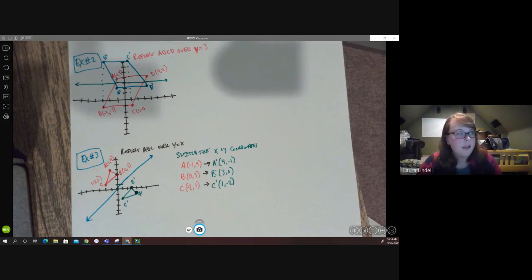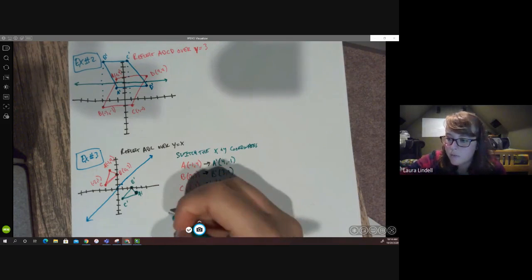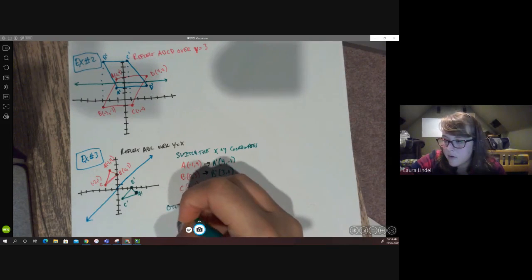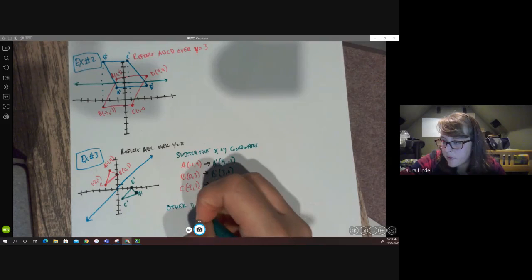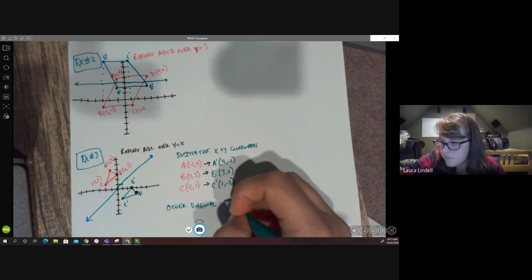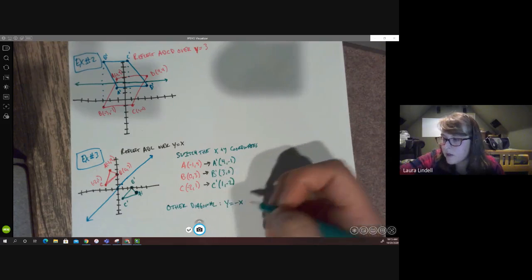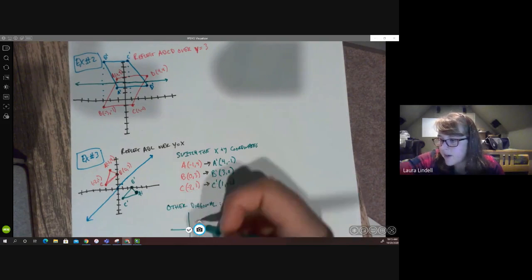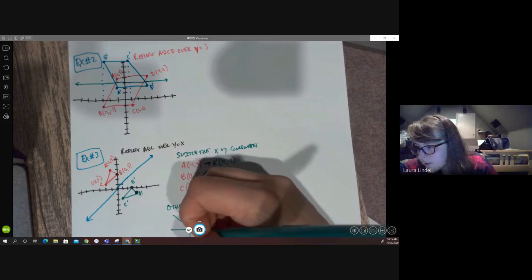Okay. And then for reflecting over the line, so this is one of the diagonal lines that you'll reflect over. The other one that you will reflect over is the line y equals -x. And so y equals -x, just a quick picture, looks like this.